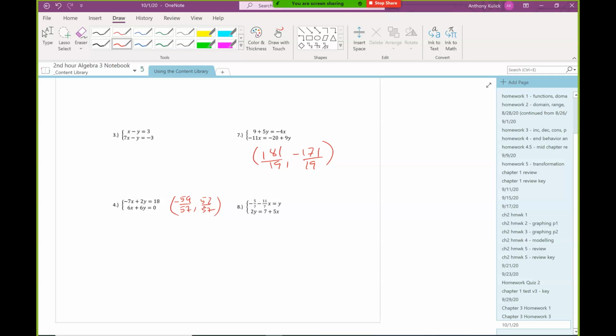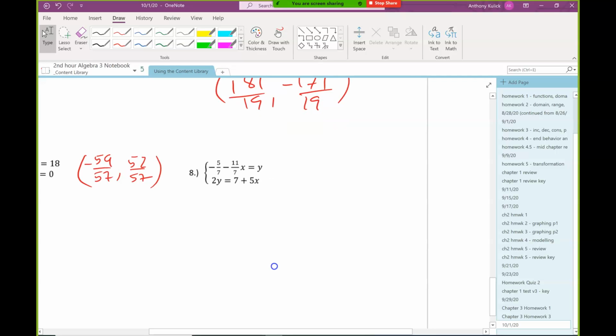All right. So Ben, when you look at 8, probably the thing that freaks you out the most is the fraction going on here, right? So would this be a big deal if we got rid of the fractions? Right, would make the problem much easier to deal with. So let's do that. So what can I do to this equation to get rid of the fractions? Multiply it by 7.